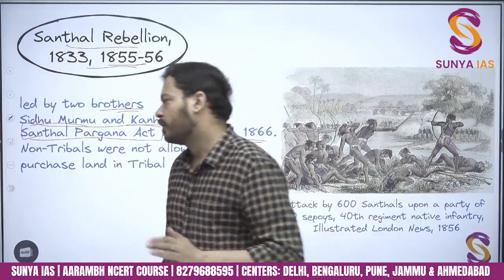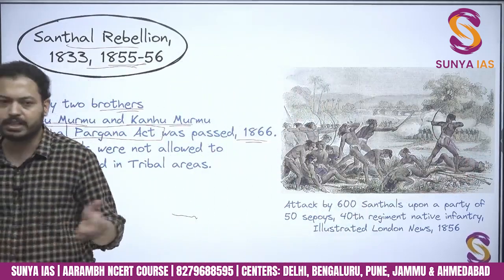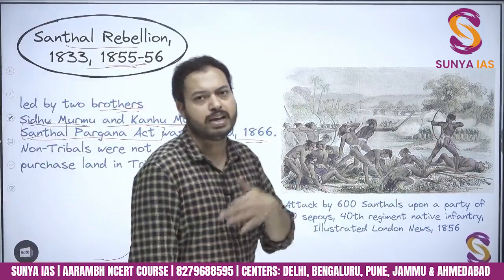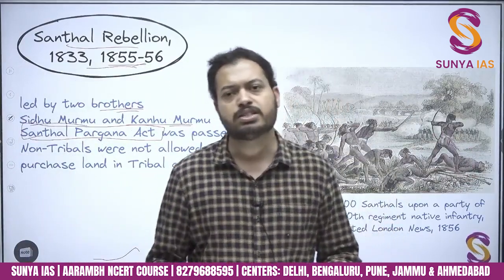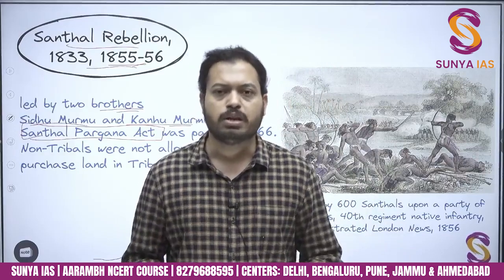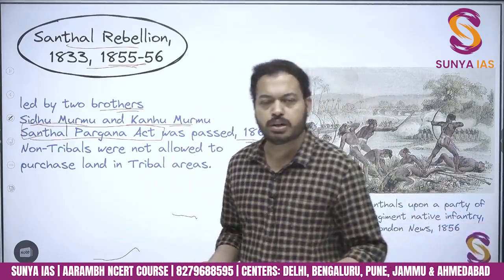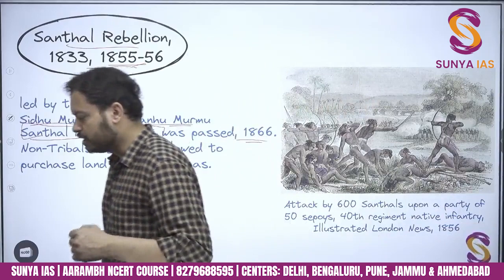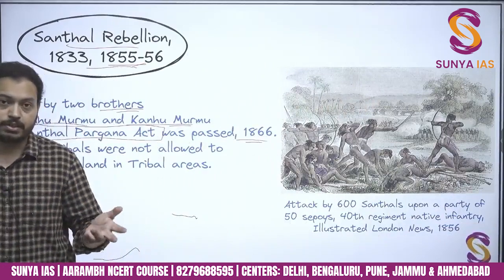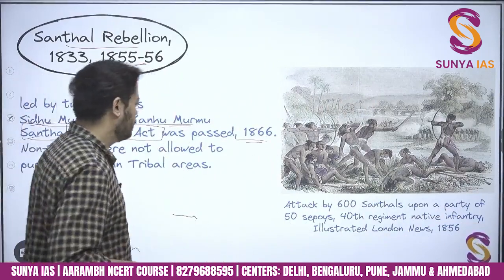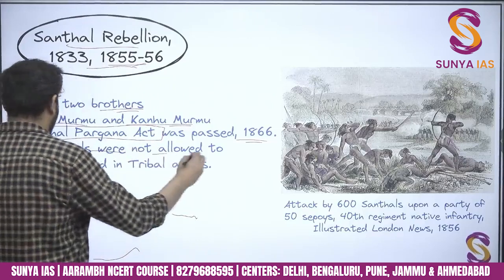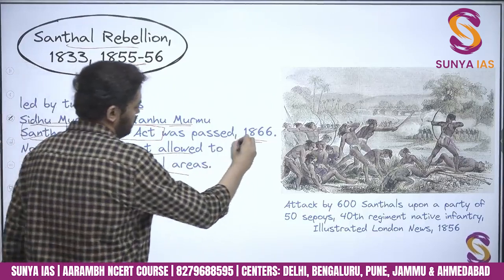Later steps were pacifying in nature, but the initial reaction was extremely brutal, where a quarter of the people who fought were killed by the British East India Company's native infantry, native army men. Non-tribals were not allowed to purchase land in the tribal areas. This was the basic feature.